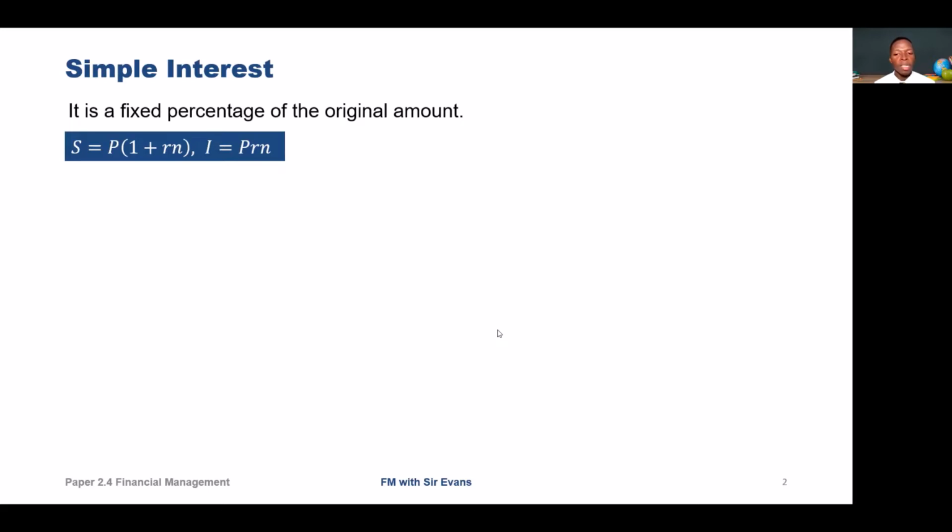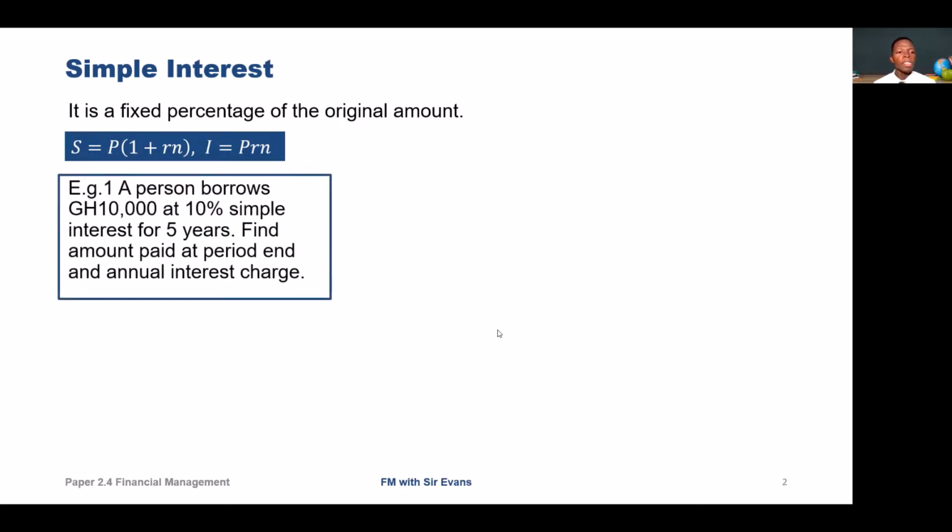So as I mentioned, P is the principal, which is the amount borrowed or invested. So let's take an example. A person borrows 10,000 at 10% simple interest for 5 years. Find the amount paid at period end and the annual interest charge. So P here is the 10,000, R is the 10%, and N, the outstanding period, is the 5 years.